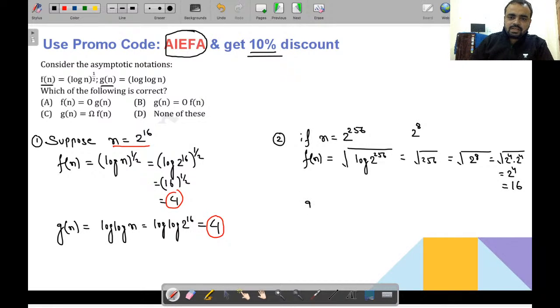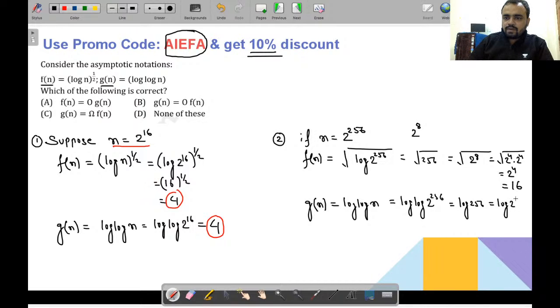Now similarly, just calculate the value of g of n. So g of n is given as log n. So this implies log of 2 to the power 256. So this implies log of 256, and this implies log of 2 to the power 8.